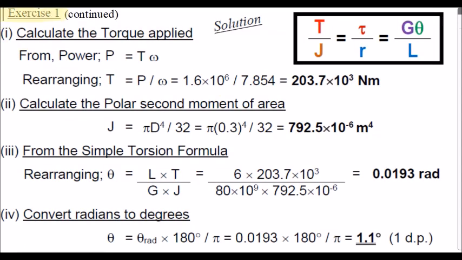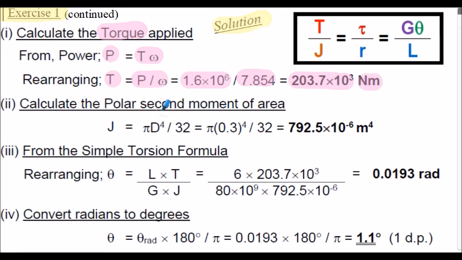Exercise 1, solution continued. So firstly, to calculate the torque, so from the equation P is equal to T omega, we can rearrange the equation to find the torque. That's P divided by omega, inserting the value for power and for angular velocity from our previous slide. That evaluates to a torque of 203.7 times 10 to the 3 Newton meters.